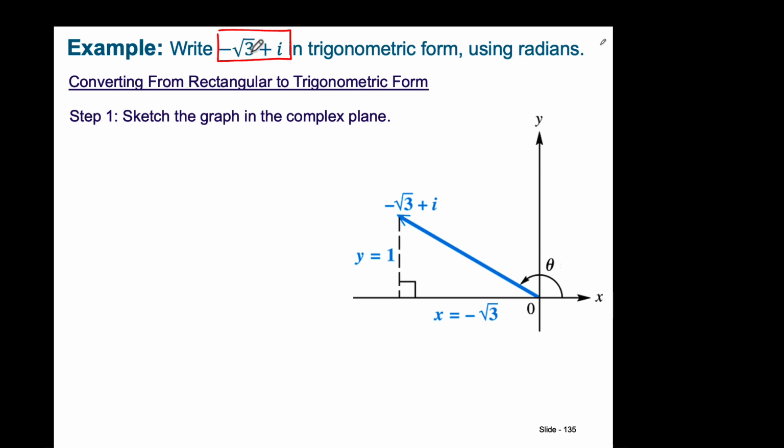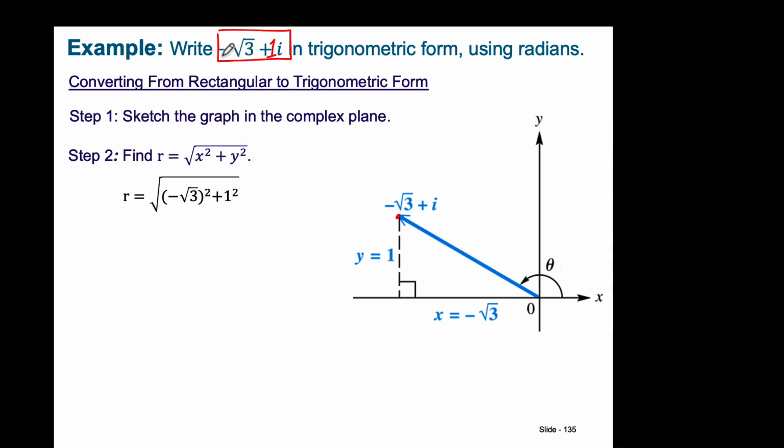Negative radical 3 plus 1. I'm going to highlight the 1 there for emphasis. You would start at the origin, go over negative radical 3, up 1. From that point right there, you can sketch the vector, drop a vertical line, and find the length of this vector using the Pythagorean theorem, which would be the square root of x squared plus y squared.